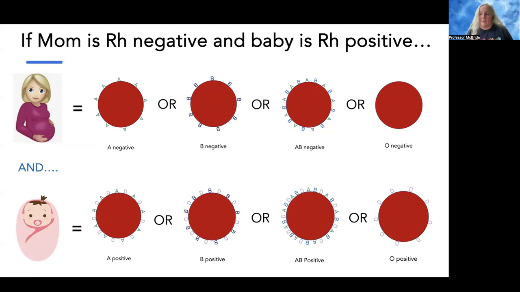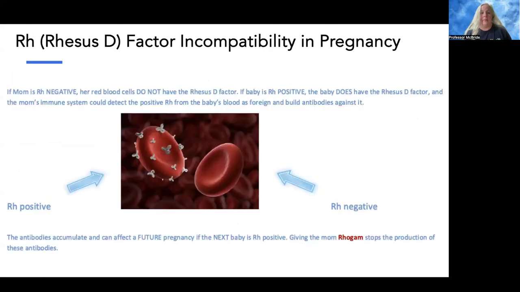Well, mom's body notices the difference as well. So if perhaps mom's body sees the baby's blood type, which can happen most often during childbirth, but sometimes with trauma and things like that as well, the mom's body looks at that D factor as foreign and can build antibodies.